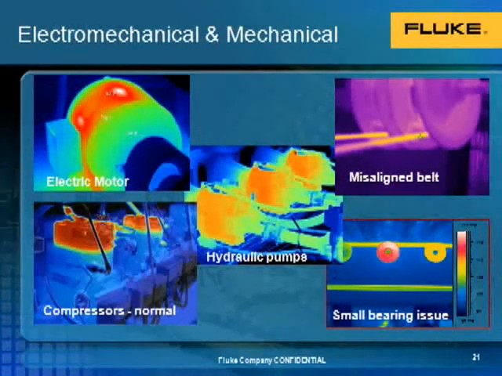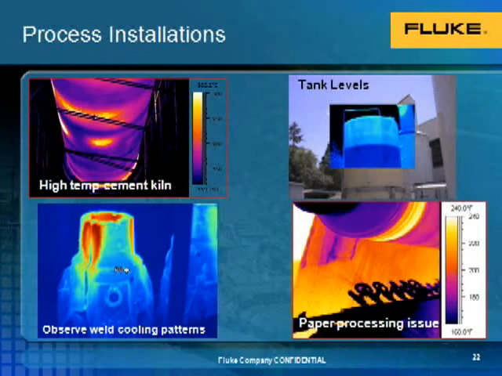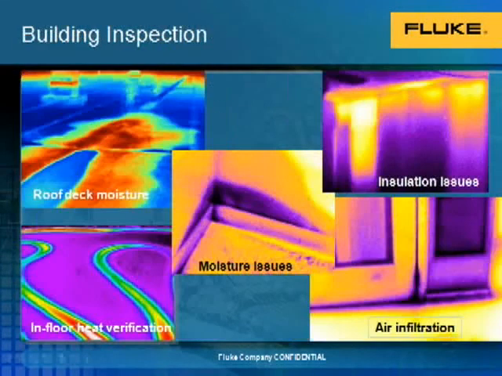Electromechanical and mechanical equipment includes an electric motor, hydraulic pumps, checking for belt misalignment, compressors, as well as bearings of all sizes. Within process installations, thermal imagers are used to inspect items such as the high temperature cement kiln, the level within tanks, to observe weld cooling patterns, as well as to detect a paper processing issue.